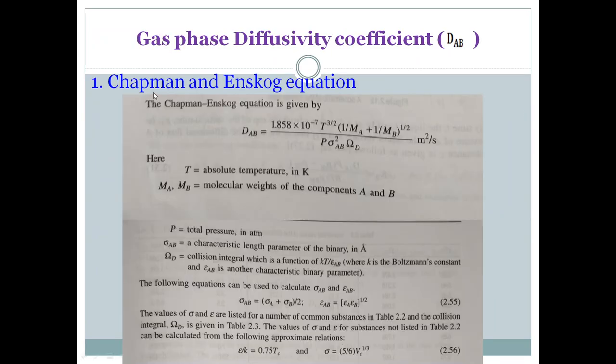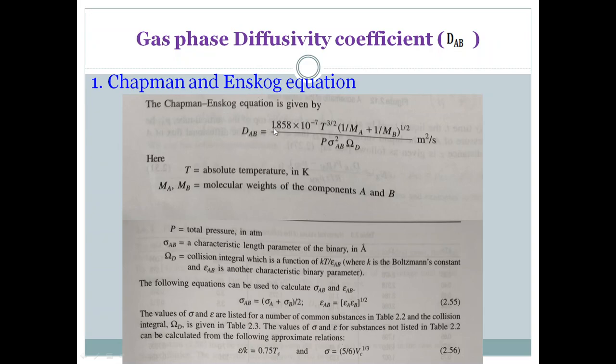Now I told you about gas phase diffusivity. First I will go to the gas phase diffusivity DAB. The empirical correlation is the one given by Chapman and Enskog. These two scientists developed this empirical correlation. And what is DAB?